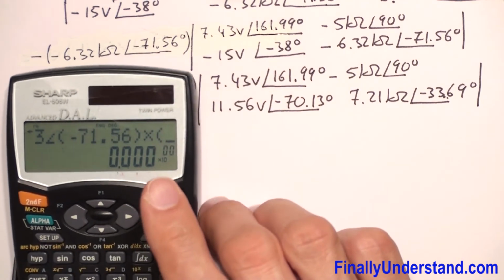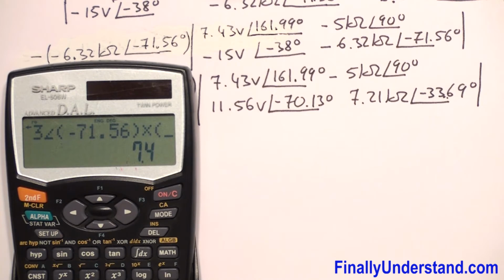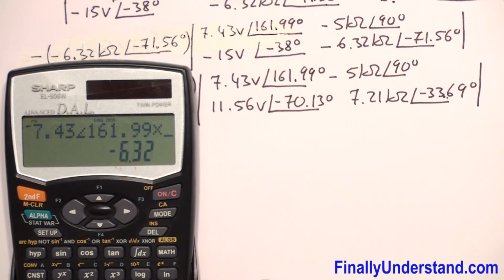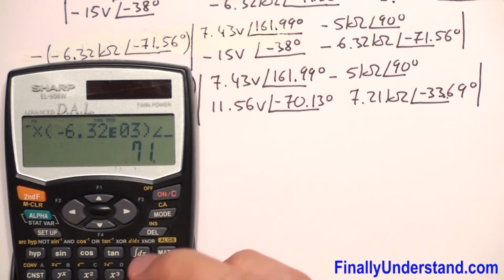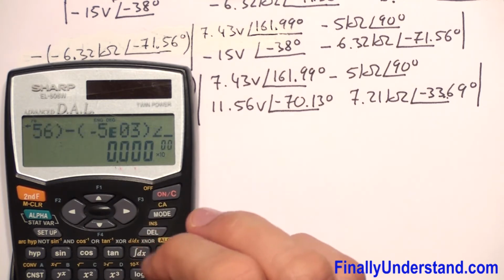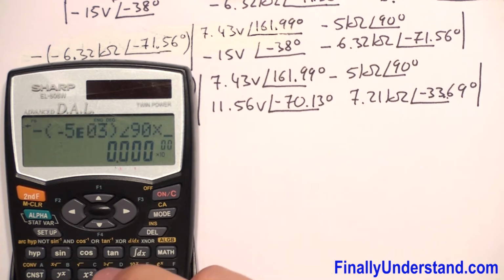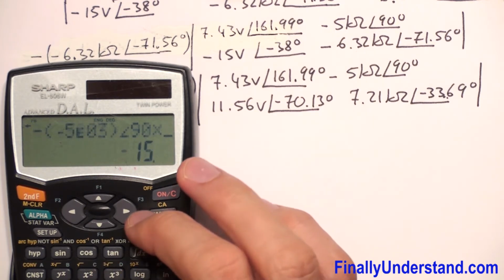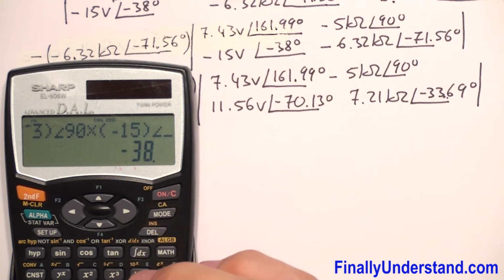So I have 7.43 and angle of 161.99 times negative 6.32 exponent 3 and angle of negative 71.56, minus negative 5 exponent 3 and angle of 90 degrees times negative 15 and angle of negative 38. Press equal.